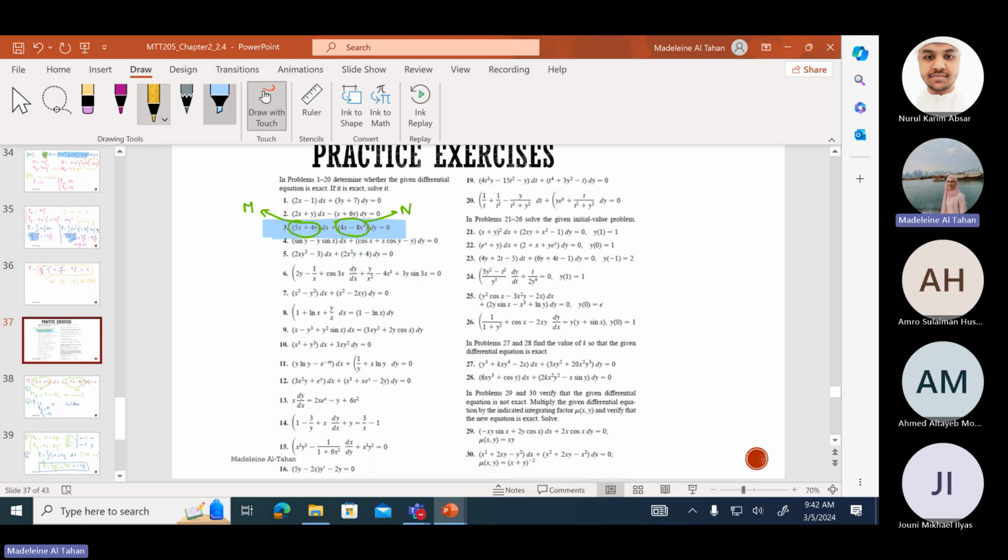Okay, I would like to use some exercises to solve. So let's say you can solve this one.